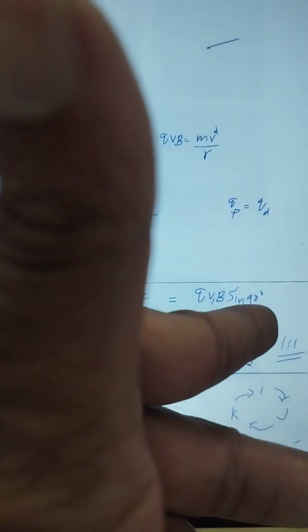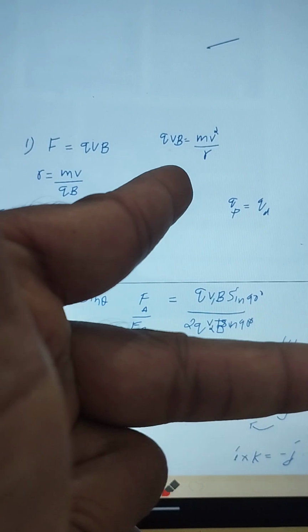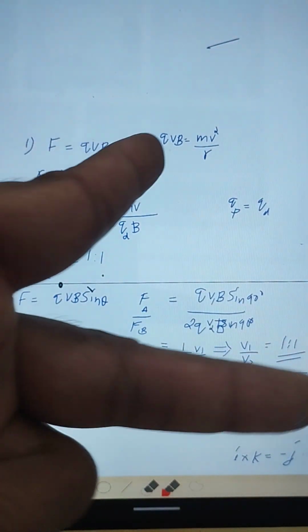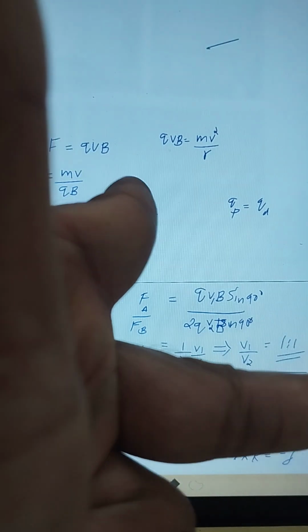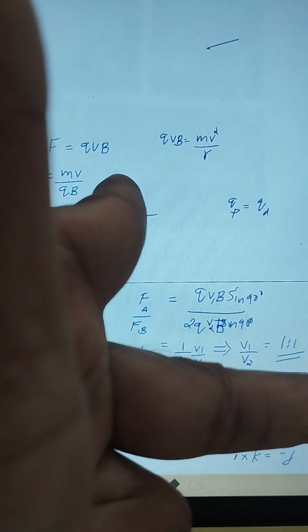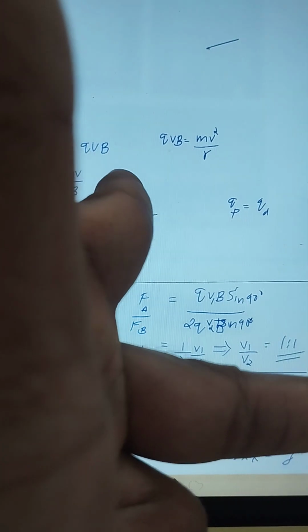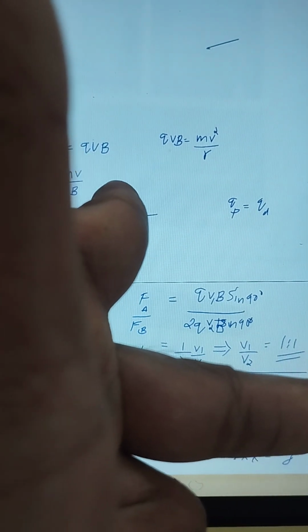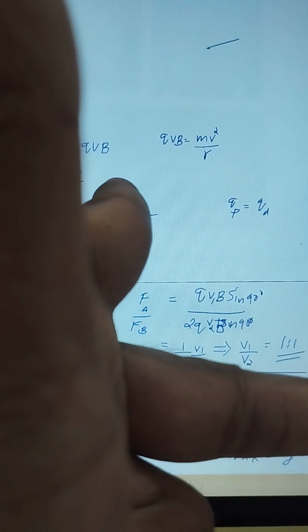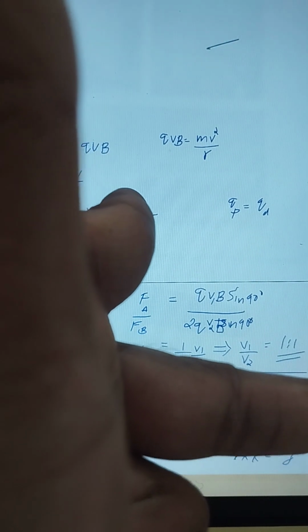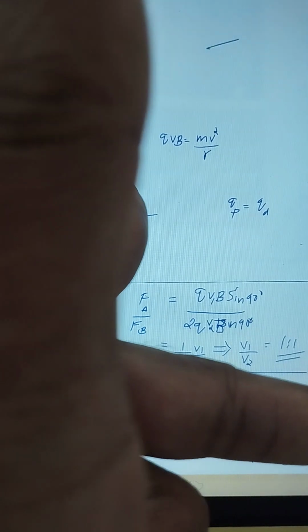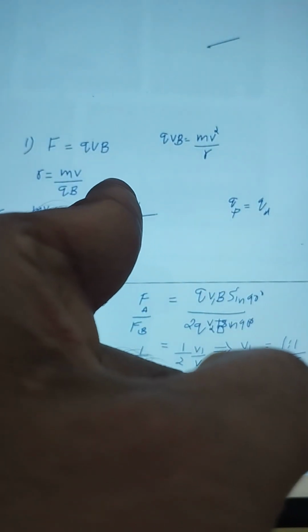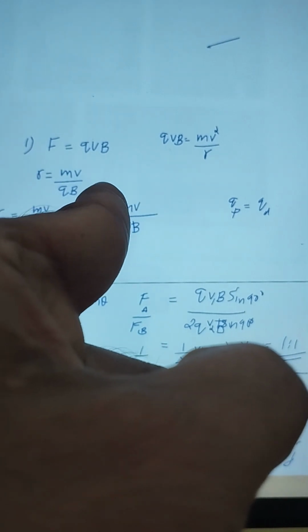Thumb for force, middle finger for current, and the pointing finger pointed into the plane of the whiteboard gives the direction of magnetic field. So the magnetic field is along negative z direction.